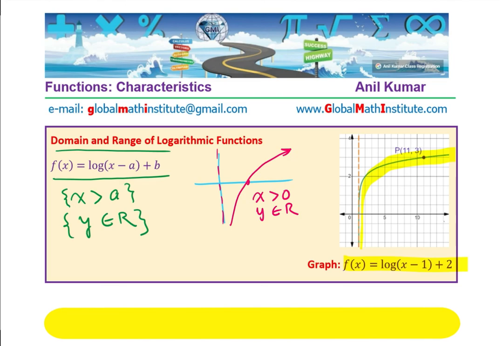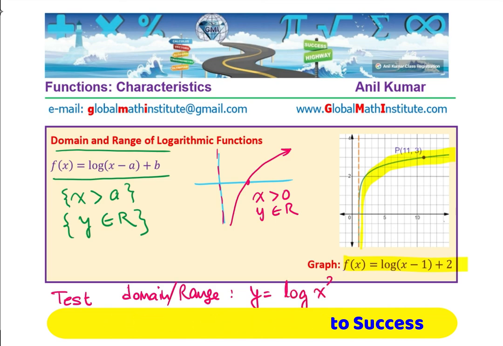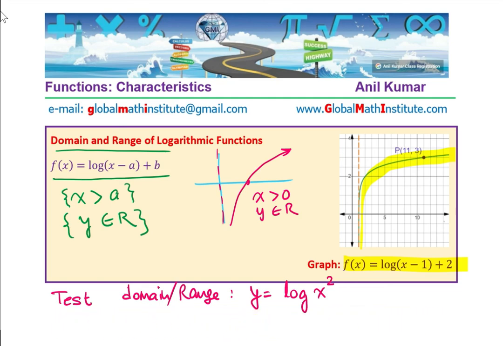Now here is a test question for you on logarithms: what is the domain and range for y equals log of x squared? So I made it very simple, right? Just the domain and range of log of x squared. So that becomes your test question.